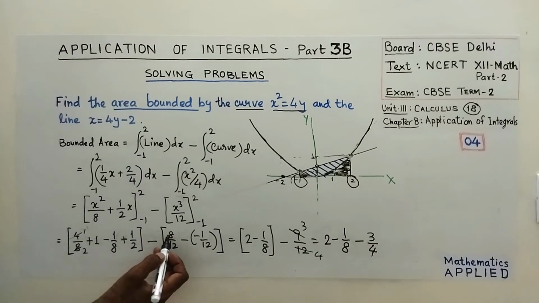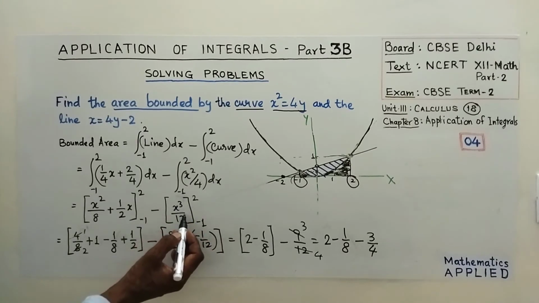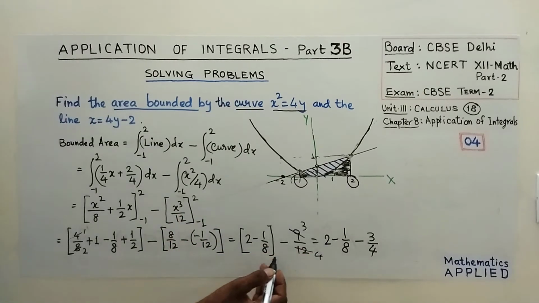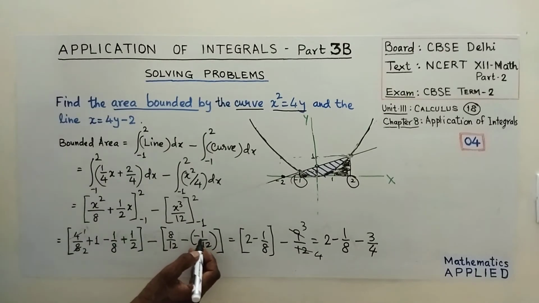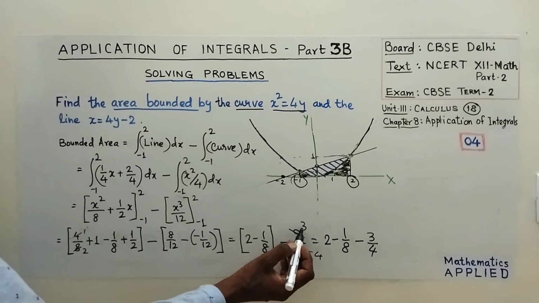And this gives me 2 cube by 12, which is 8 by 12, and minus 1 cube by 12 means minus 1 by 12, and here you have to get minus, because it is FB minus FA. So minus 1 by 12 becomes plus 1 by 12, so that is 9 by 12, minus 9 by 12. And when I divide this, I get 3 by 4.